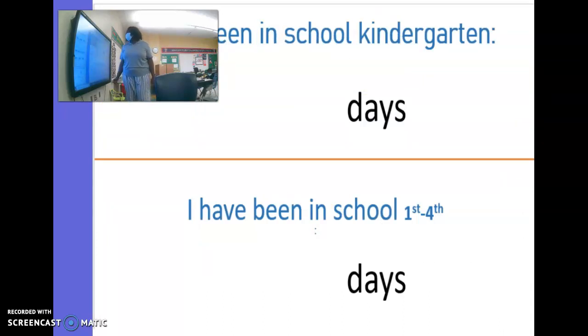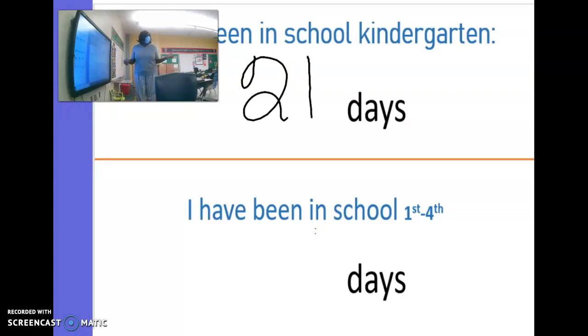How many days have the kindergartners been in school? The kindergartners have been in school 21 days. How many days have first through fourth been in school? 27 days. 2, 7.